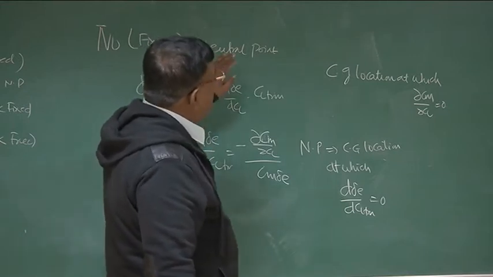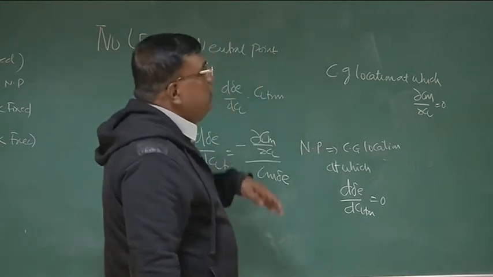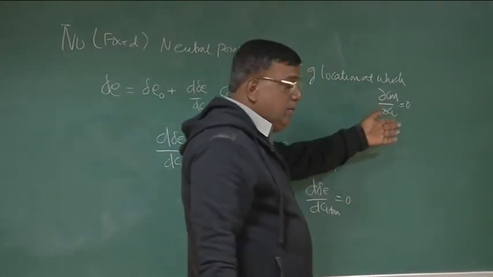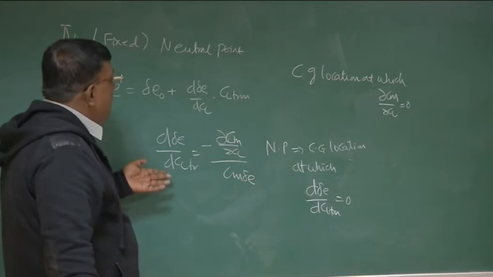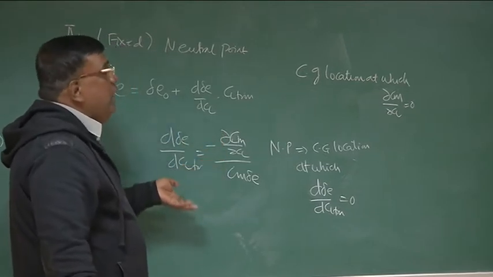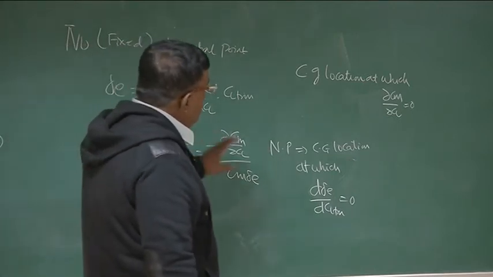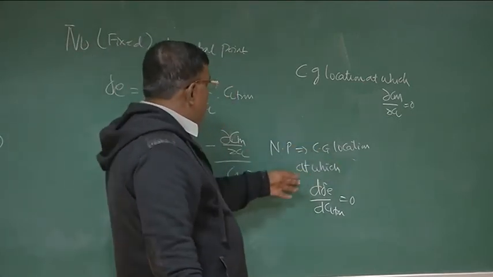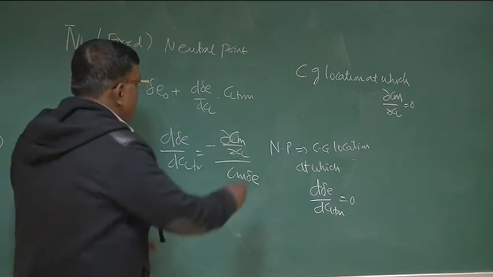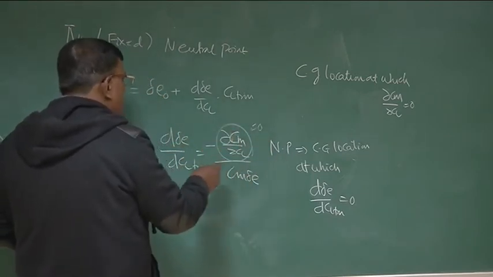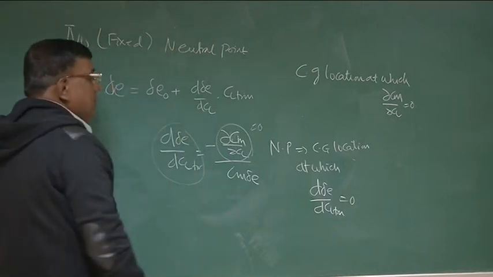If I want to estimate neutral point, I know neutral point is that CG location at which dCm by dCl is 0. So I also know d delta E by dCl trim is given by this. So I translate that definition approximately here, and I say neutral point is that CG location at which, because this is 0, dCm by dCl is 0, d delta E by dCl trim is 0.